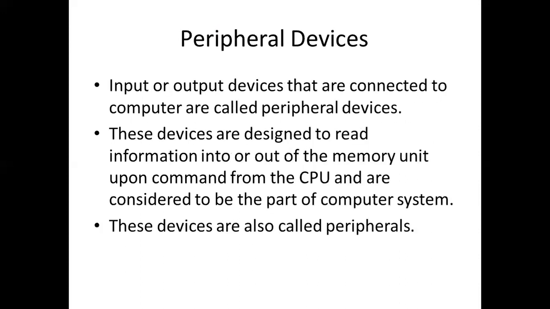Okay, talking of that, this input and output, they are referred to as peripheral devices. So with the peripheral devices, these are input and output devices that are connected to the computer. Any device that is connected to a computer is then referred to as a peripheral.